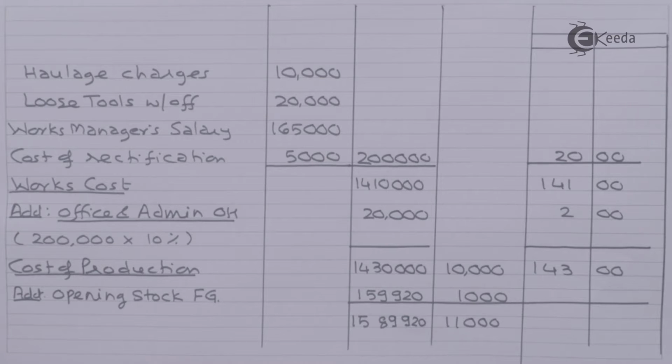So if we add opening stock, it becomes 10,000 units produced plus 1,000 opening stock, it will be 11,000 units and the total cost is 15,89,920. From this we are required to deduct closing stock.